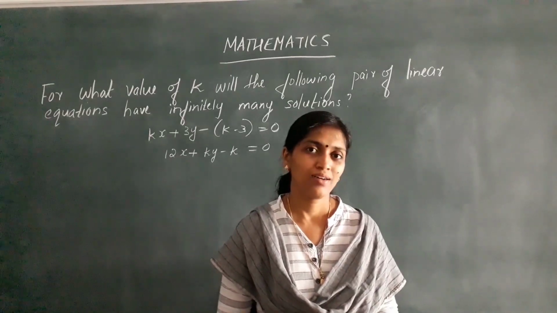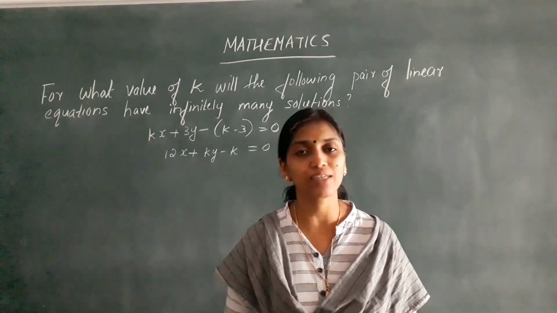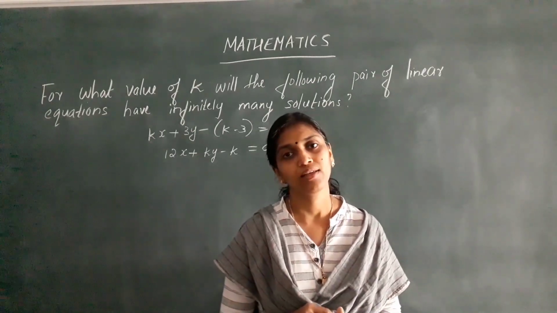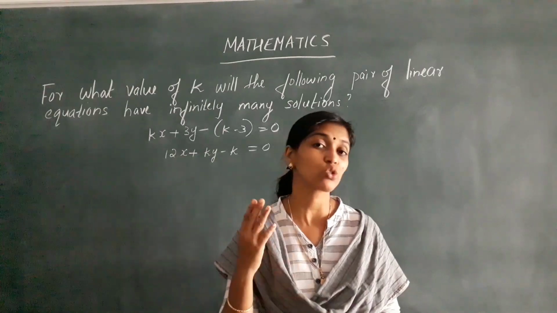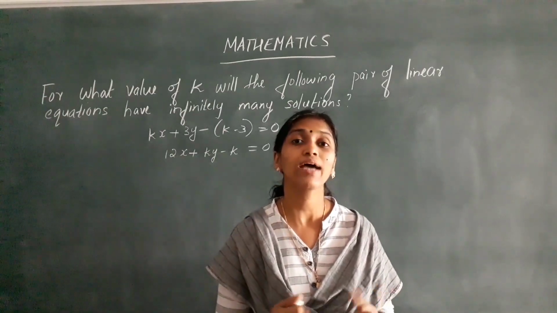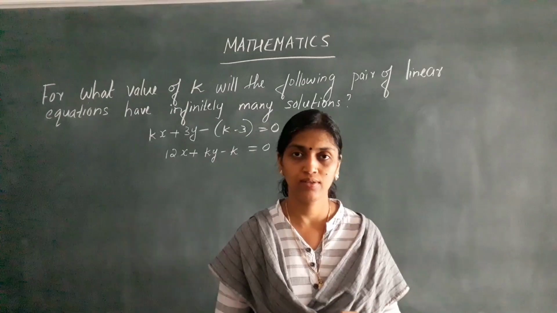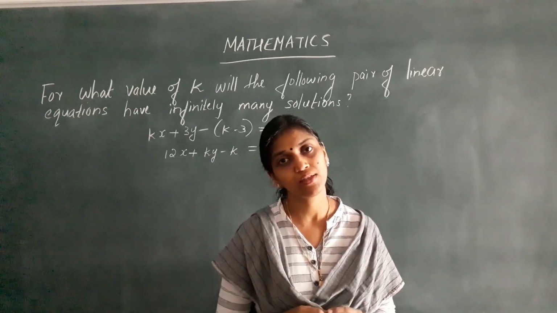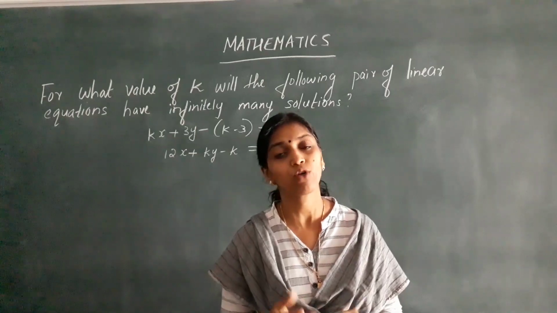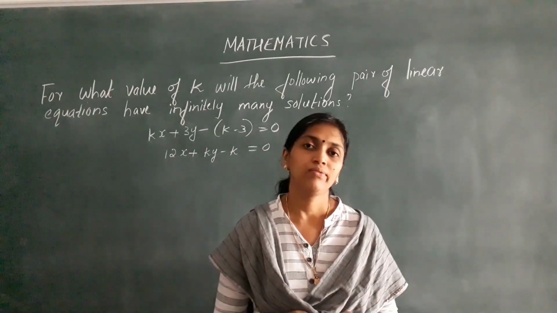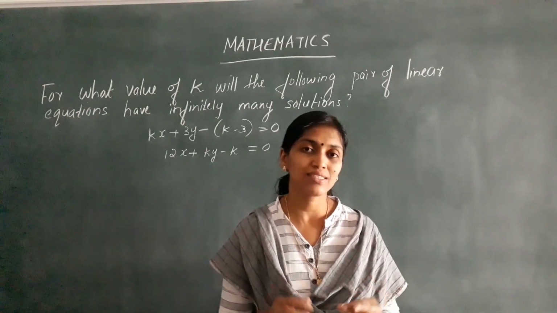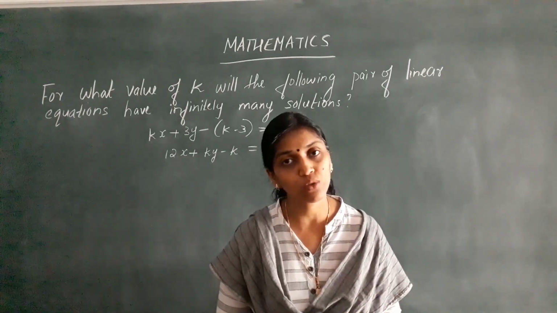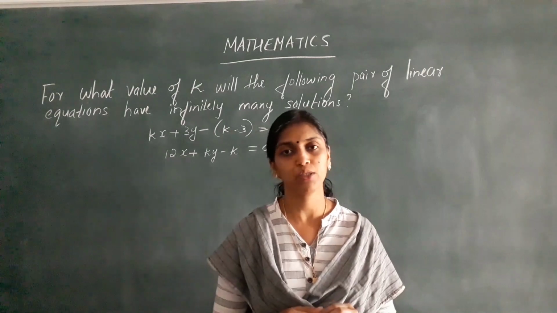Okay. So today we will study in this section how to find the value of k if the given pair of linear equations has no solution and also has infinitely many solutions. We were doing such problems comparing the ratios which we have already studied. We know for intersecting lines or unique solution, a1 by a2 not equal to b1 by b2.